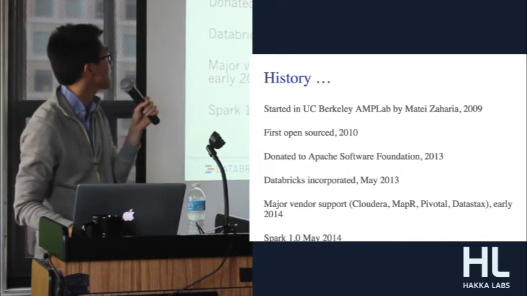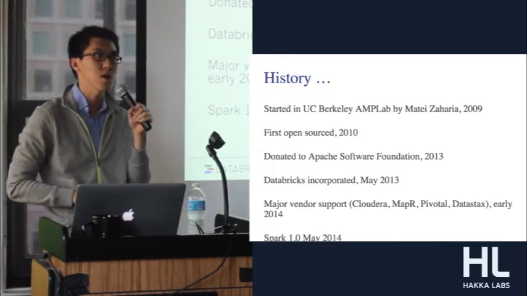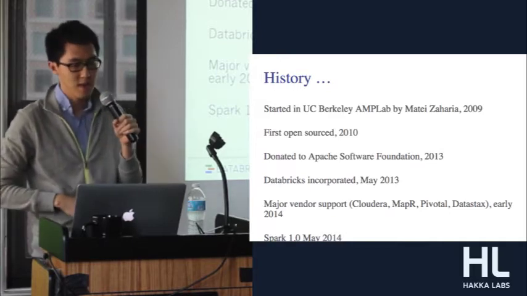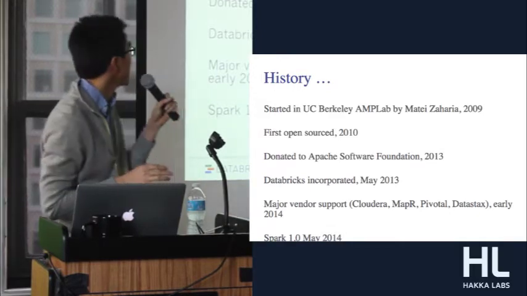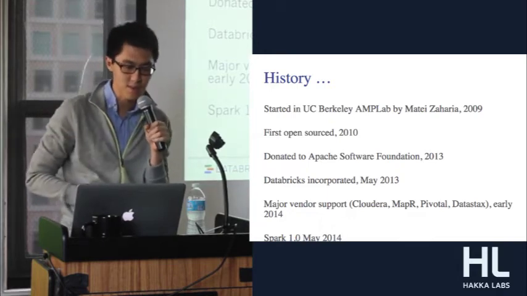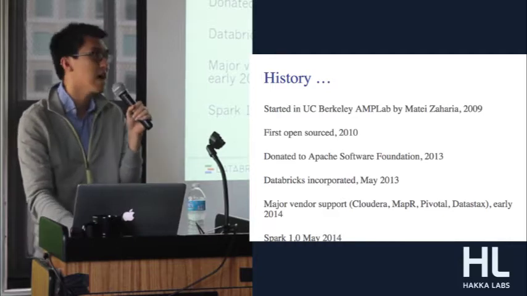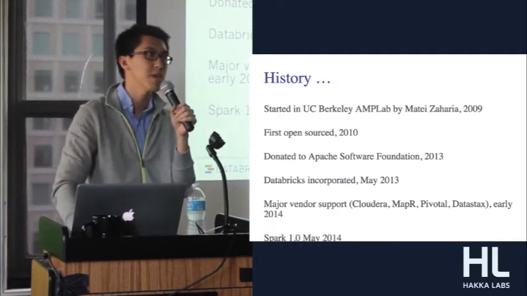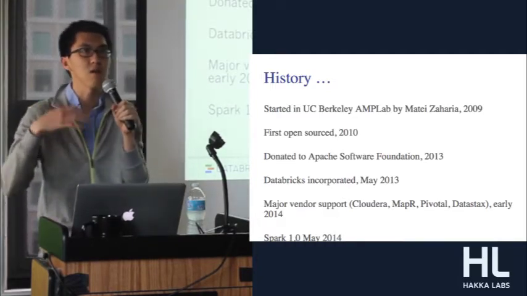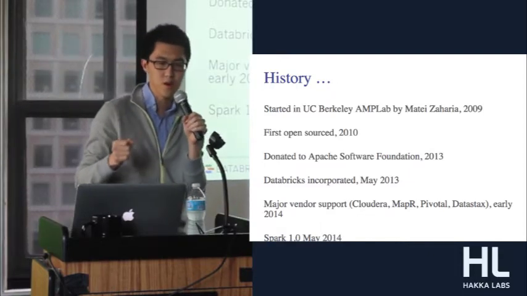It was first open sourced in 2010, and last year we donated the project to the Apache Software Foundation. At about the same time, Databricks was incorporated, and Matei is currently the CTO. In the first half of this year, almost every major Hadoop data vendor has announced or will announce support for Apache Spark.